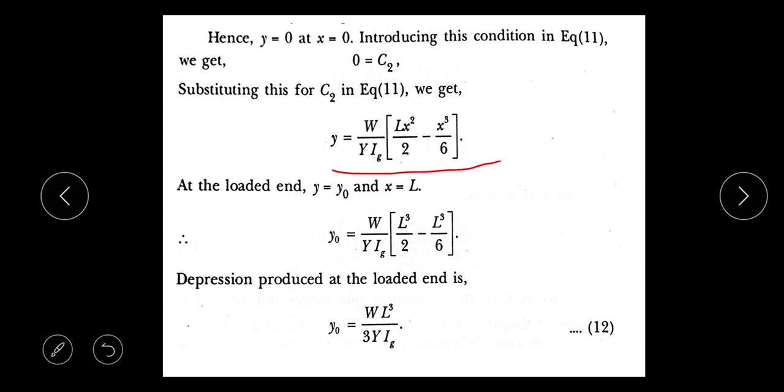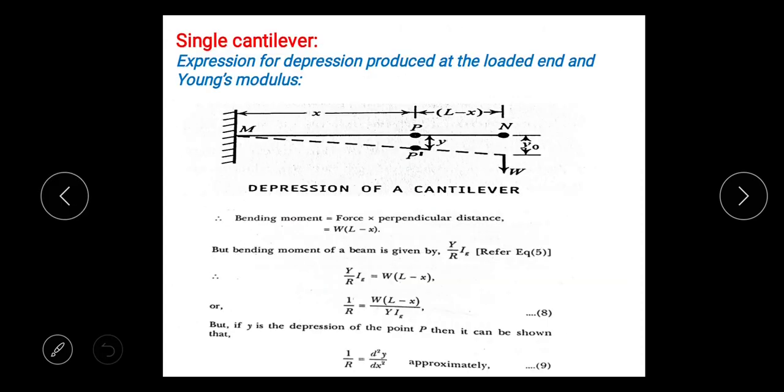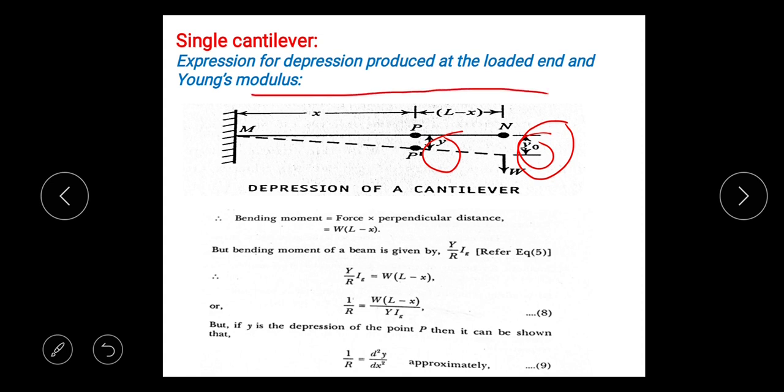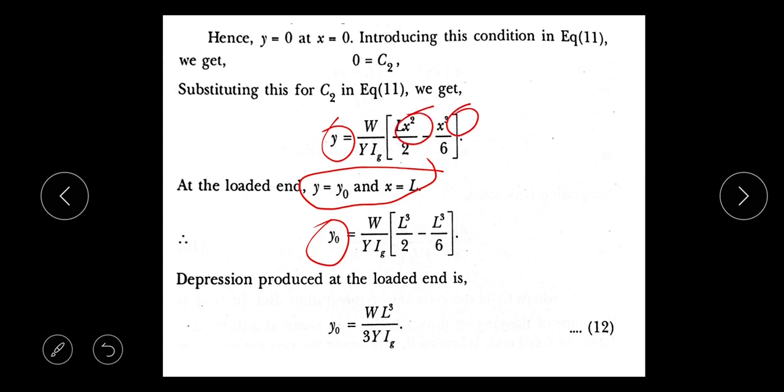At the loaded end, y is equal to y naught and x is equal to L, because the total length is L. So we substitute that. Instead of y, we write y naught, and instead of x, where x cube and x square are there, we write L cube.